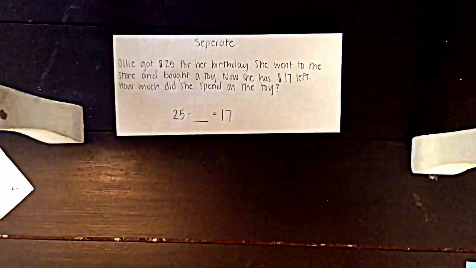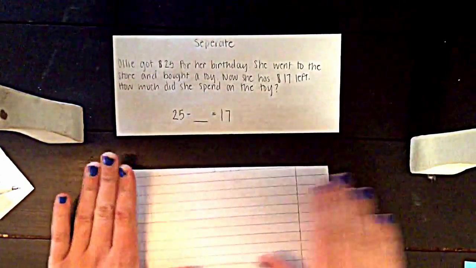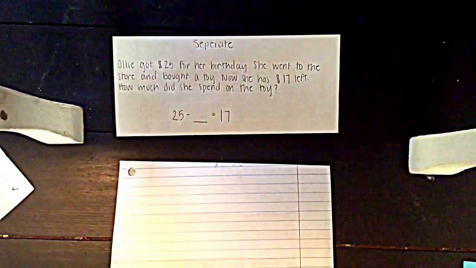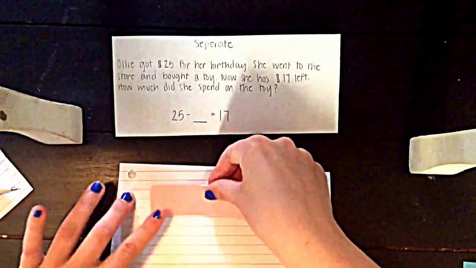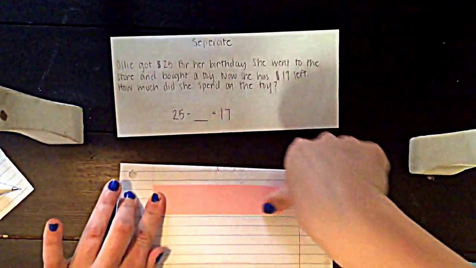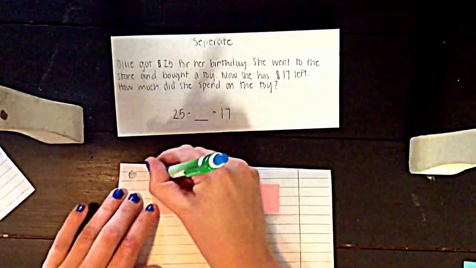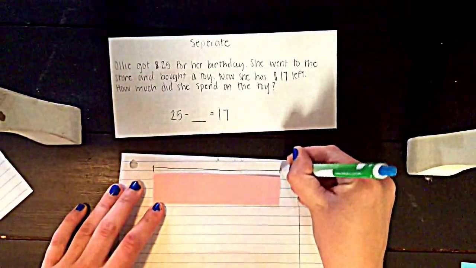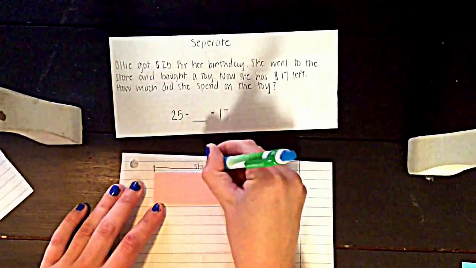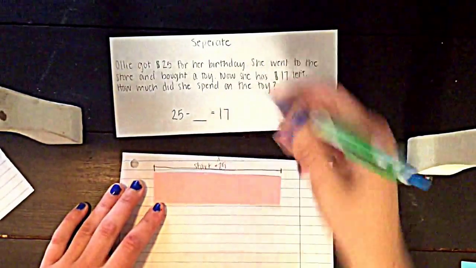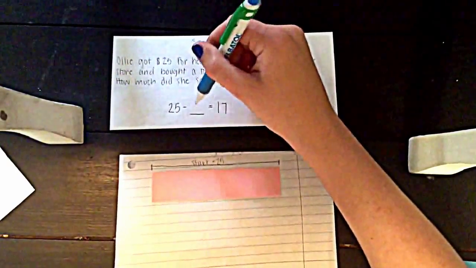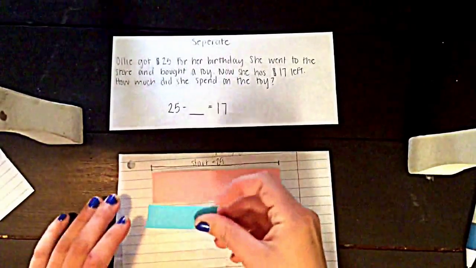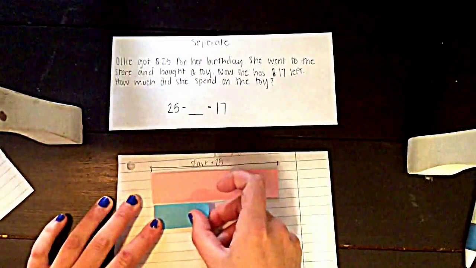So again, I'm going to show this problem using the linear model. When we're doing a separate problem or a subtraction, we're going to start with our start value, which again I'm going to represent by a colored strip of paper. Start equals 25. Right here, this is our start value. And then we're taking away an unknown. So I'm going to represent that unknown underneath my start value.